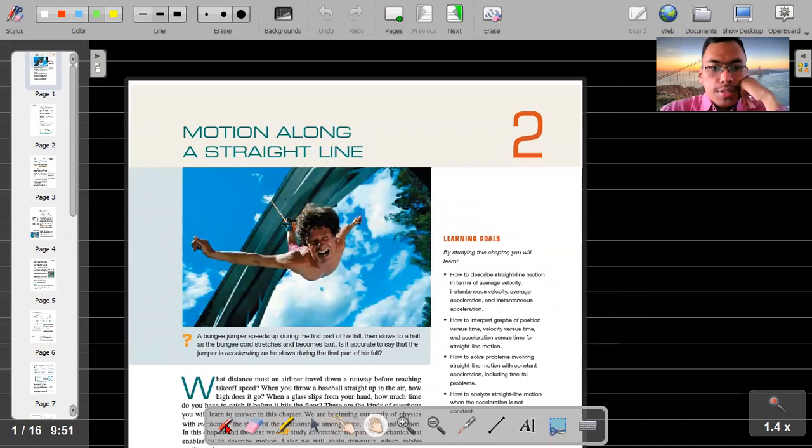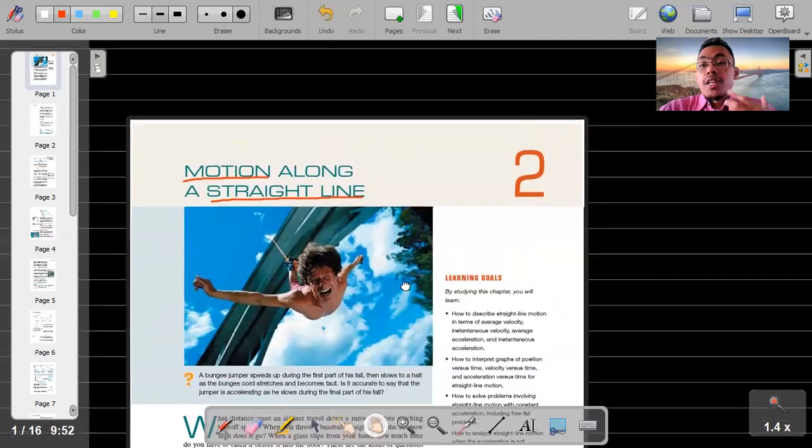Now we are going to learn about this one. Let's start from the title of the topic itself. We are going to learn about motion, and the additional information is the straight line. In our daily life, motion can be various.